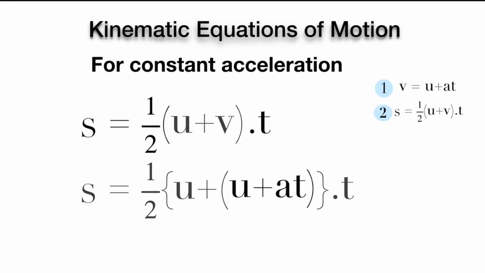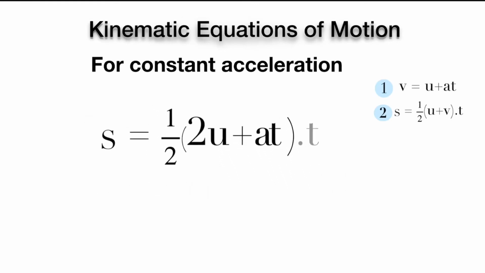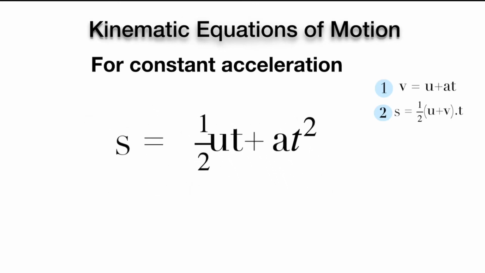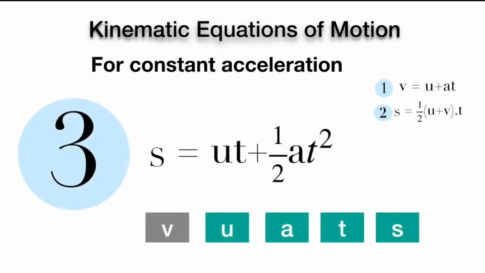Now by simplifying this equation, we'll get s equal to ut plus half at square. This is the third equation of motion for constant acceleration in one dimension. This equation consists again of 4 variables: u, a, t and s.